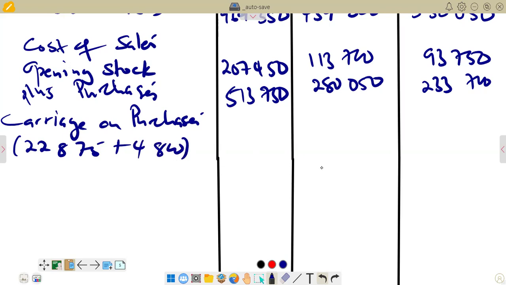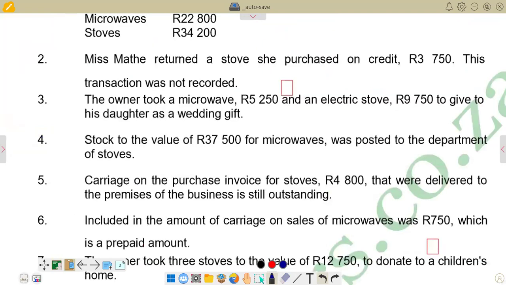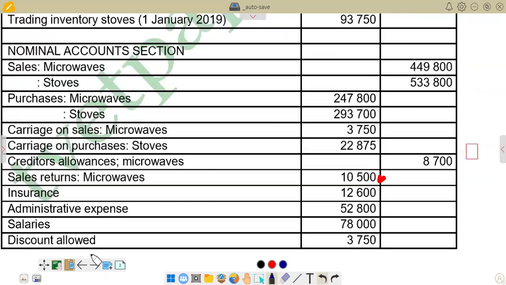Then if we add the two, you are going to get your total of 27,675, which is applying to our stoves. Let's just check where exactly it is relating, the carriage. This is carriage on the purchases invoice for stoves, which is 4,800. And then if you come here, again, we are saying that carriage on purchases for stoves, 22,875. So it's related to stoves.